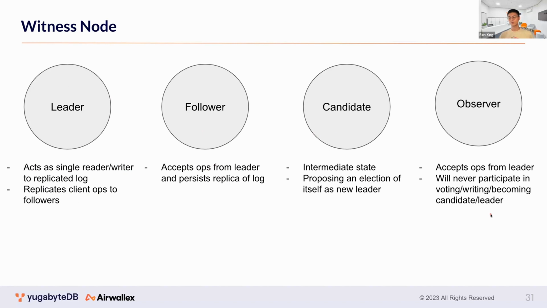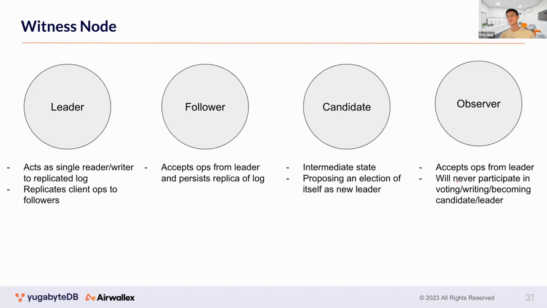And in the remote replica setup, we invented this new role called observer. Similar to the follower, it will also accept the operations from the leader. If the leader commits one record, we will also replicate the record to the observer node.